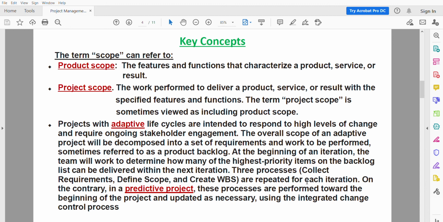The overall scope of an adaptive project will be decomposed into a set of requirements and work to be performed, sometimes referred to as the product backlog.